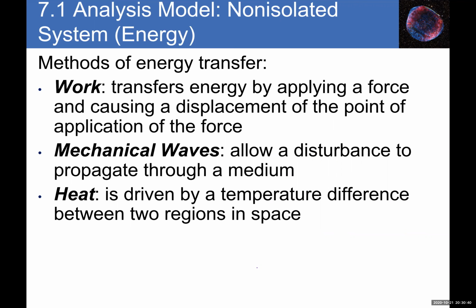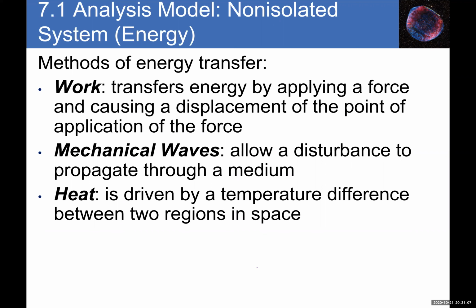There are also mechanical waves, which allow a disturbance to propagate through a medium. When you generate a wave, like a sound wave, a light wave, or a water wave, those are energy transfer mechanisms, because energy in waves propagates with the wave.